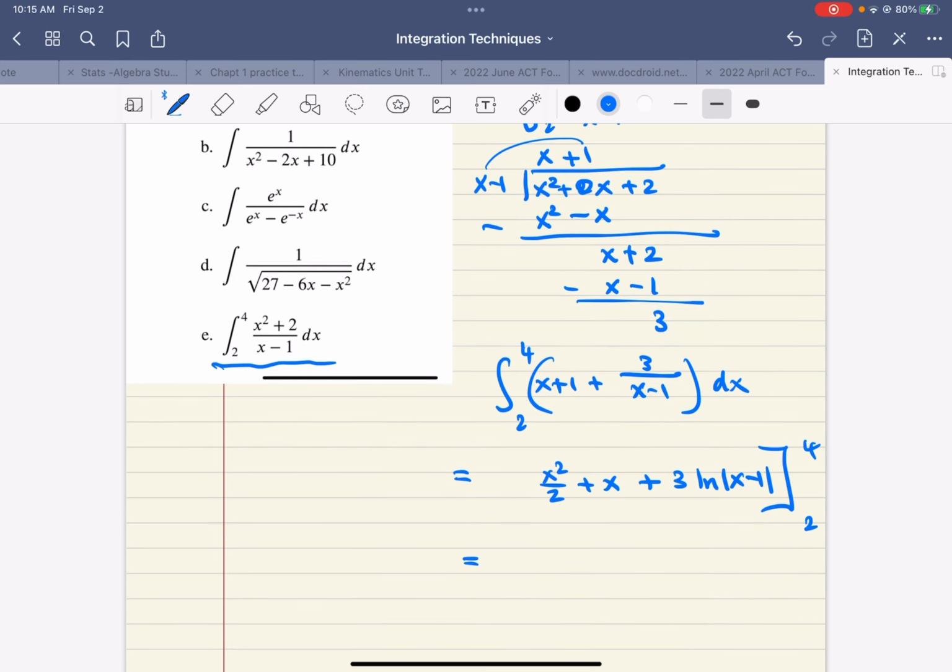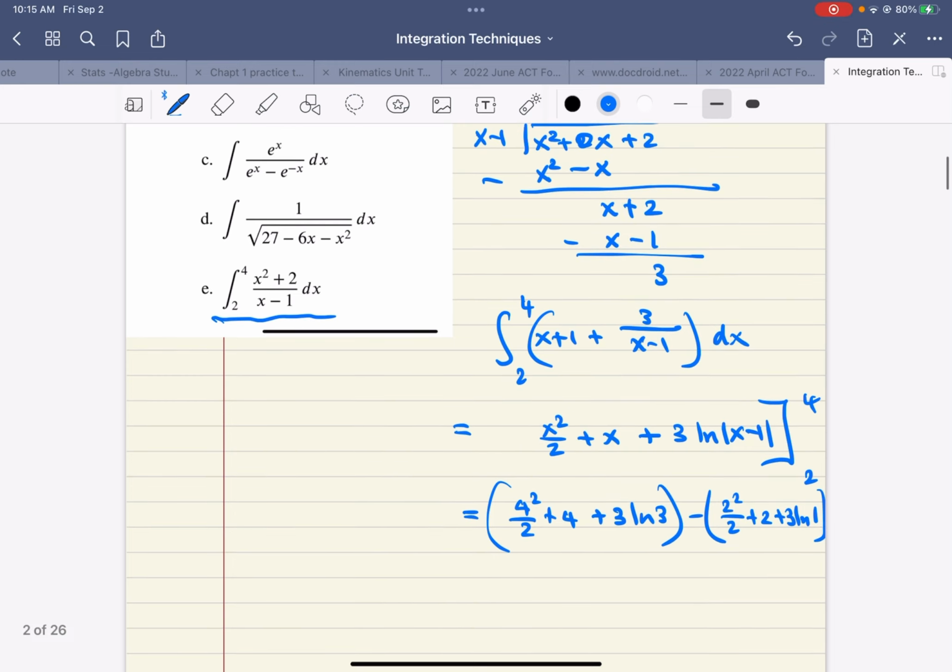So when you plug in 4 first, 4 square, so I'm going to write down 4 plus 3 ln of 3 minus, when you plug in 2 square over 2 plus 2 plus 3 ln of 1. Okay, we know the ln of 1 is a 0, so it will be gone.